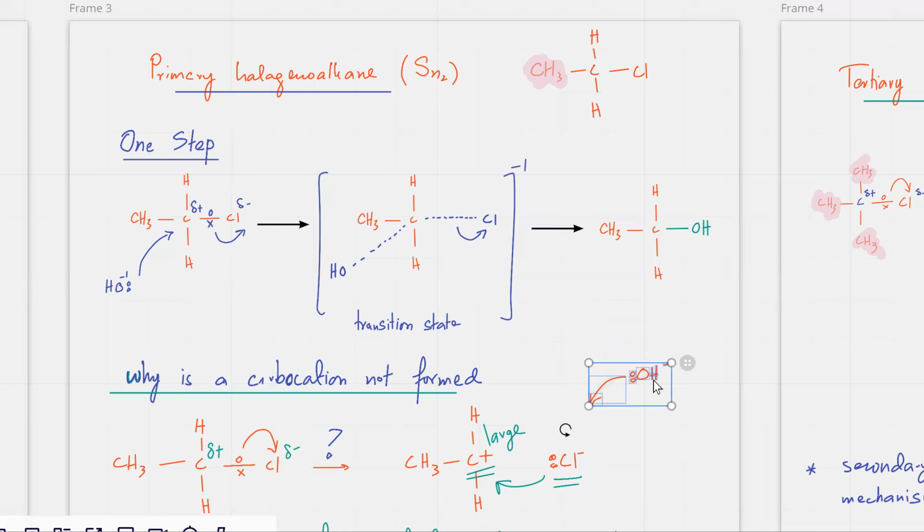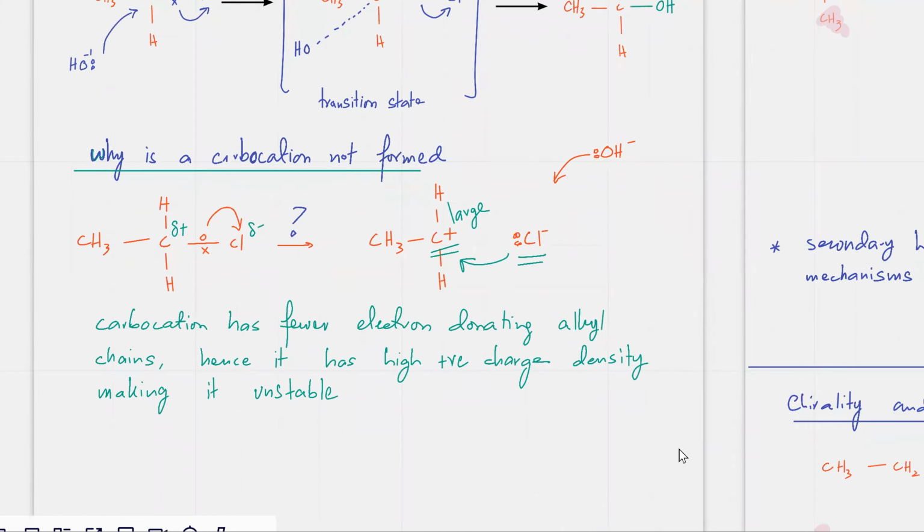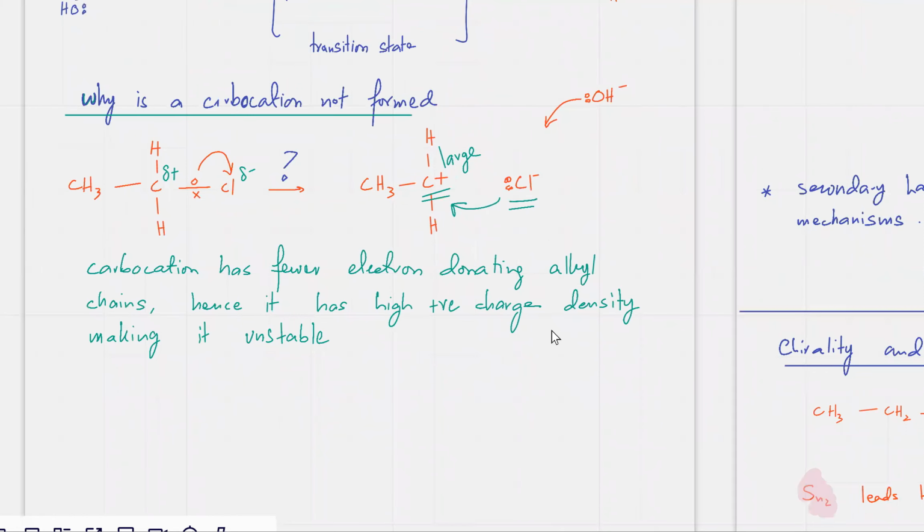So that's an SN2 mechanism, which is one step. So why is a carbocation not formed? The reason is that even if the Cl would like to take away electrons and become negatively charged, it's not able to go away. Why? Because it will be attracted back very strongly because the carbon has a very strong positive charge. Why? Because it's not surrounded by large groups.